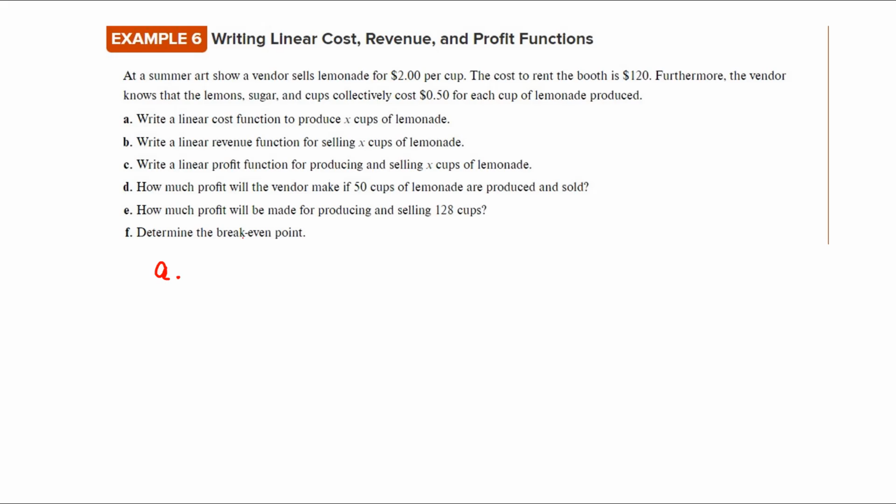So the cost function, remember, includes the fixed costs and the variable costs. So C of x, where x is the number of cups made. How much is it to make the cups? This is what we're talking about, cost. So 50 cents per cup as you're making them, for lemons, whatever, the cup.